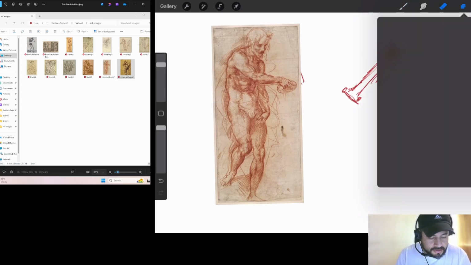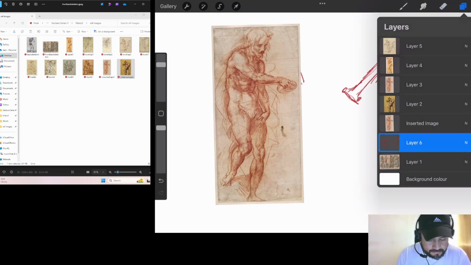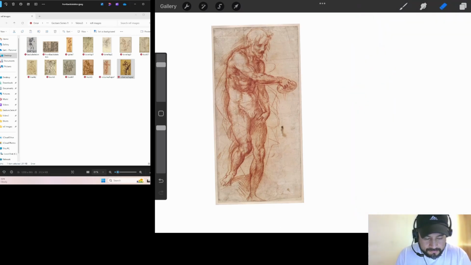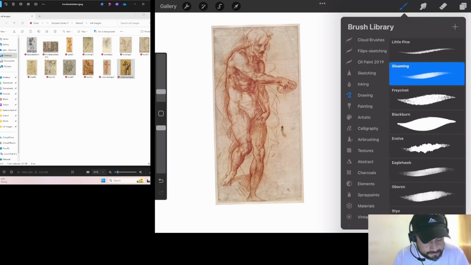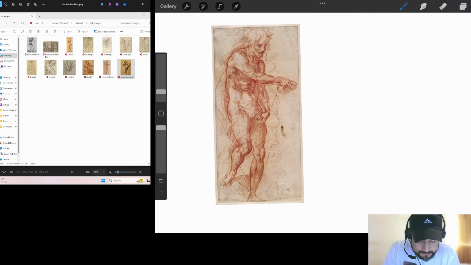Just erase some of this. See the point on the elbow there? Point on the elbow here.